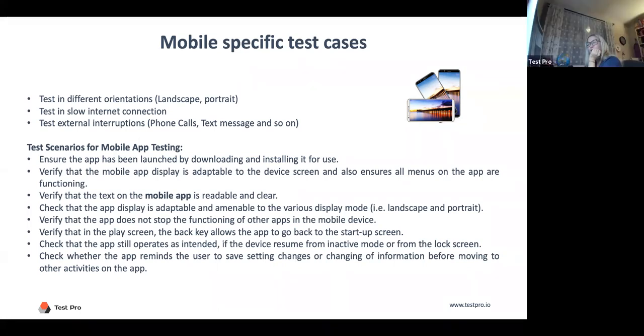You're supposed to verify that the mobile application display is adaptable to the device screen. So guys, sometimes you're supposed to check that all menus on our application are functional. You got a new build, yeah? Maybe your build relates to, for example, a new button or a new cookie policy.